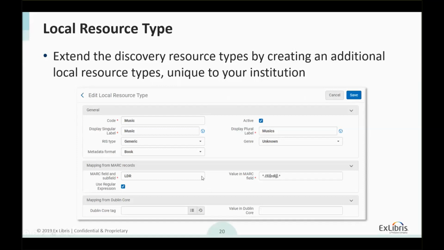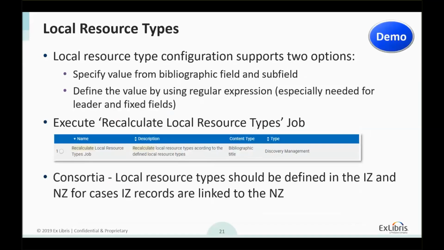So this is the page to create a resource type, and we support two options to define the local resource type. It can be by specifying a value from a bibliographic field and subfield. You can mention a specific field and the subfield and the values that can be used to identify this local resource type.